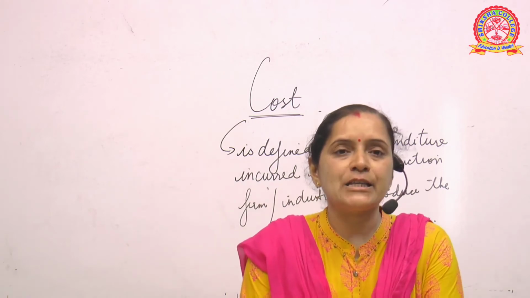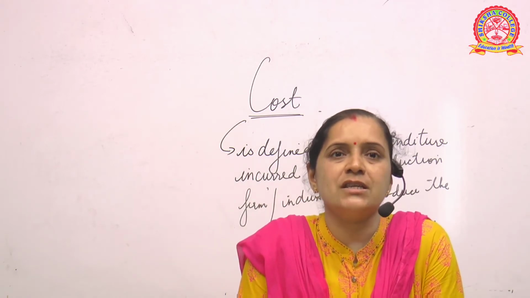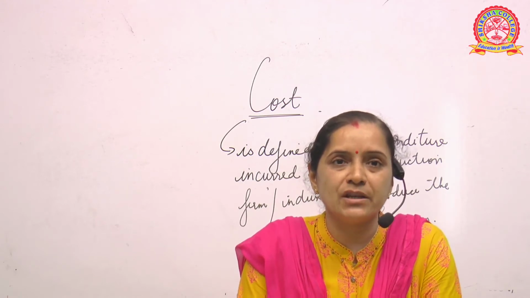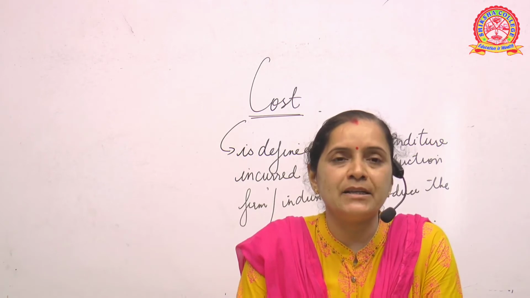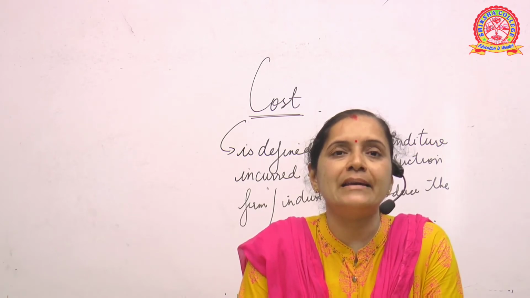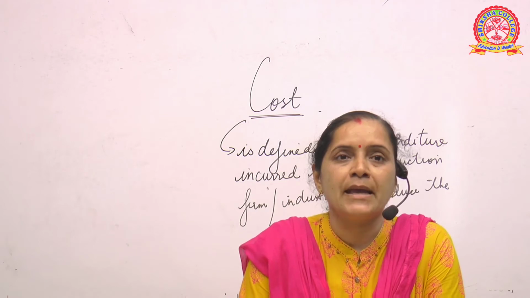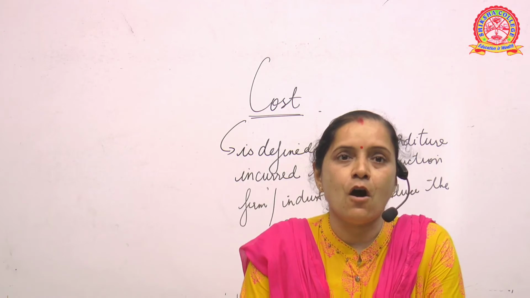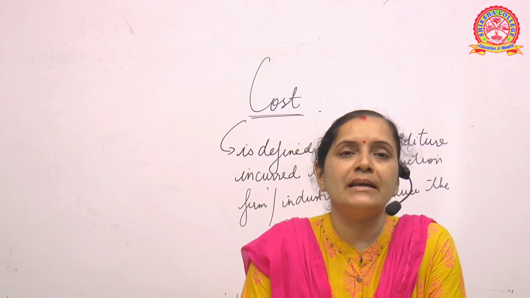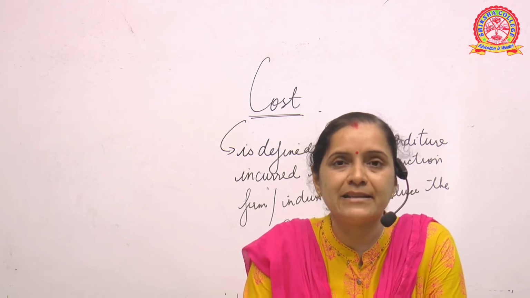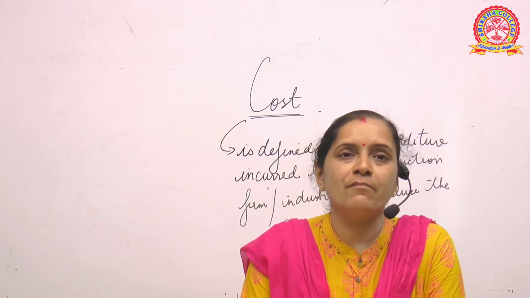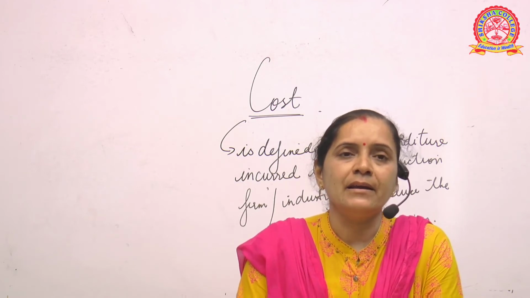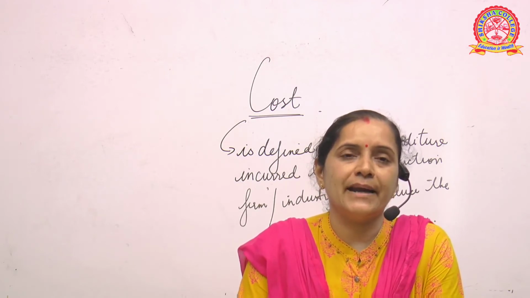For example, expenditure in terms of purchasing raw materials, expenditure in the form of installing machineries and technology, expenditure in the form of hiring labor, that is the cost of labor, expenditure in the form of recruiting people into the organization, or expenditure in the form of building infrastructure, land and buildings, or expenditure in the form of maintaining the building. All these expenditures can be calculated under one particular heading, that is cost.